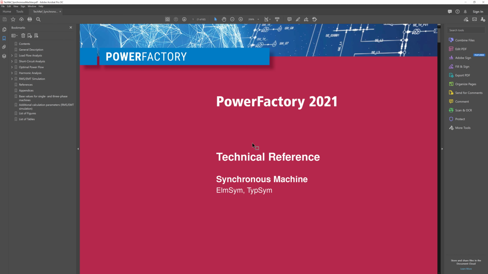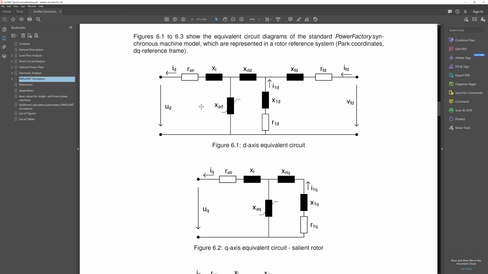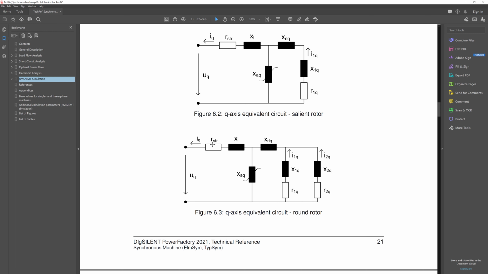The technical reference from PowerFactory is extremely well done, okay? That reference has been improved for many years, and it includes a lot of information today, okay? I need all my students to go here and check the RMS simulation, okay? Section number 6 of the technical reference of the synchronous machine, section number 6. You can see this is the DQ axis model, okay?